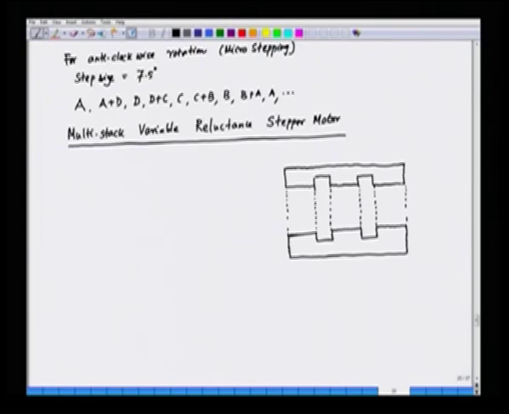So, the stacks of the rotor, this is the rotor stack, one stack, the second stack here, and the third stack.